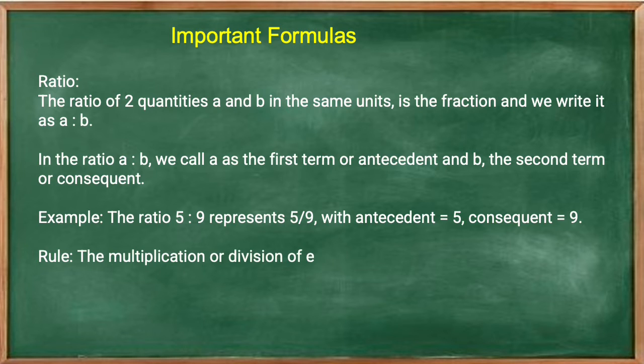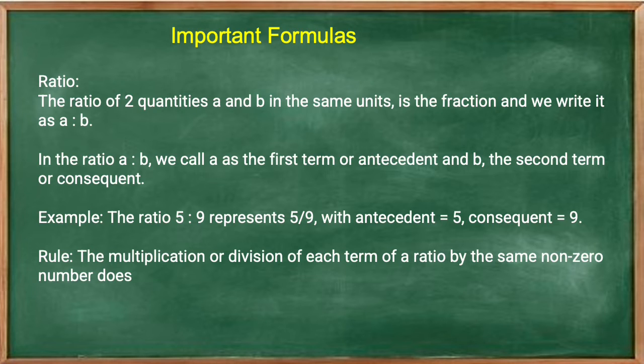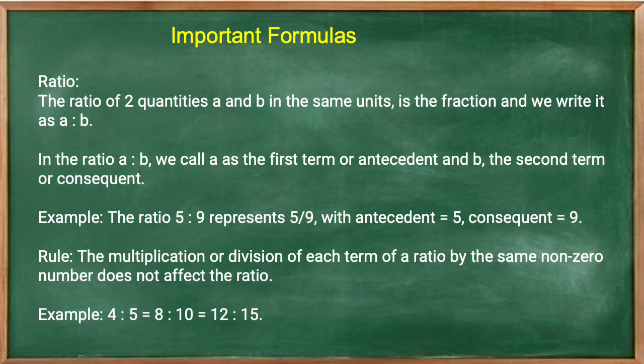Rule: the multiplication or division of each term of a ratio by the same non-zero number does not affect the ratio. Example, 4:5 is equal to 8:10, which is equal to 12:15. Also, 4:6 is equal to 2:3.